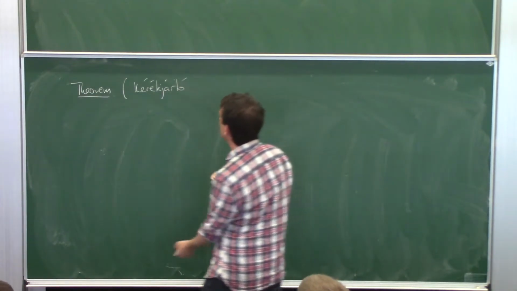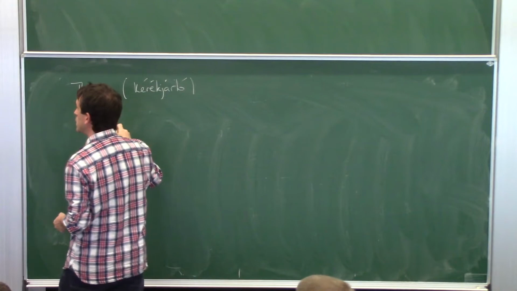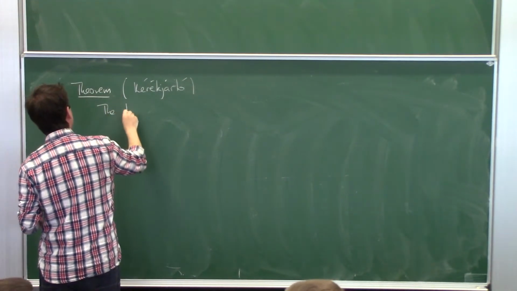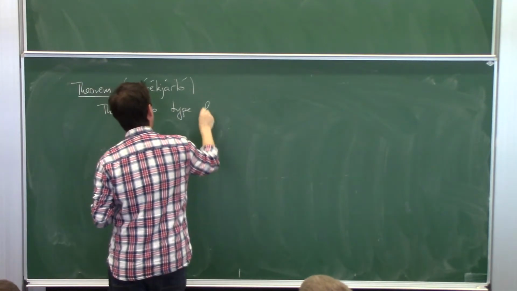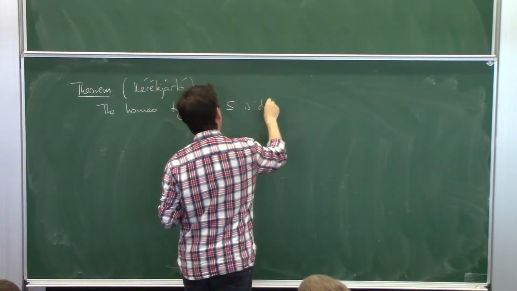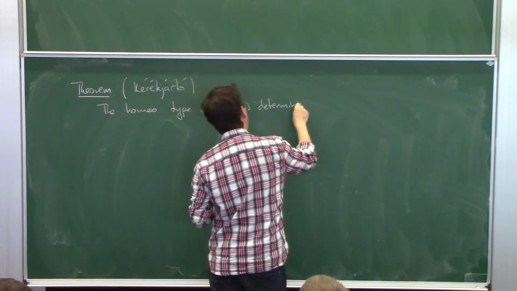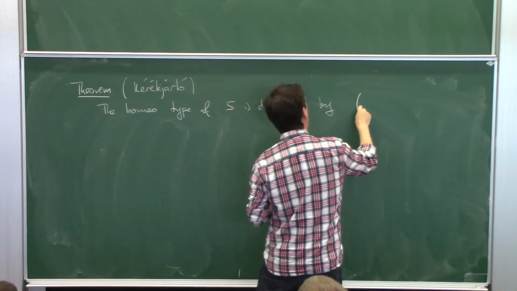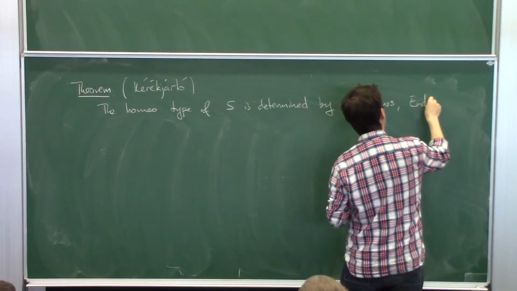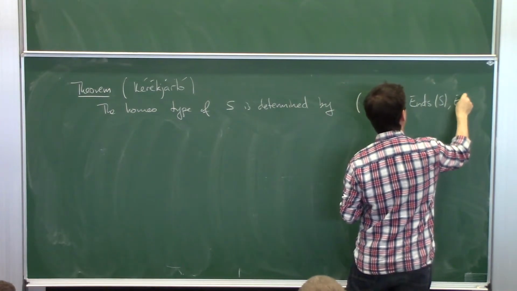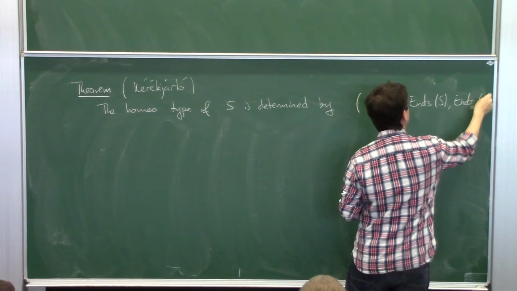Everything has an accent. So the homeomorphism type of S is determined by the triple: the genus of the surface, the space of ends, and the subspace of ends accumulated by genus.